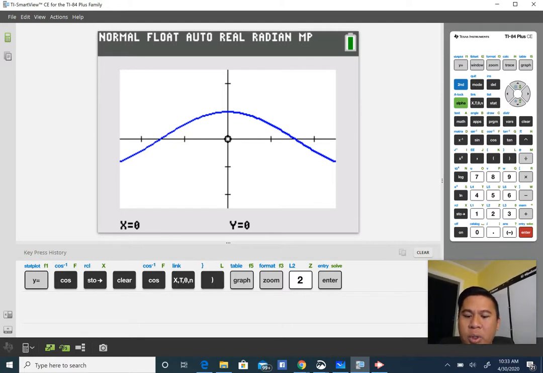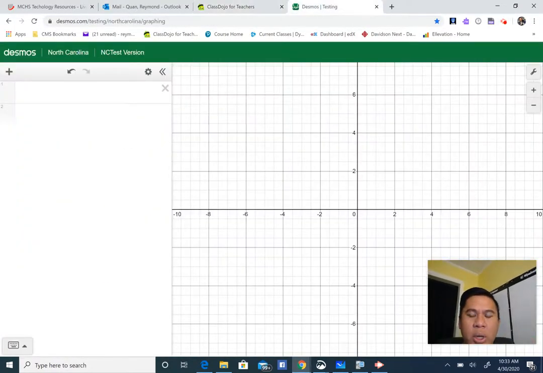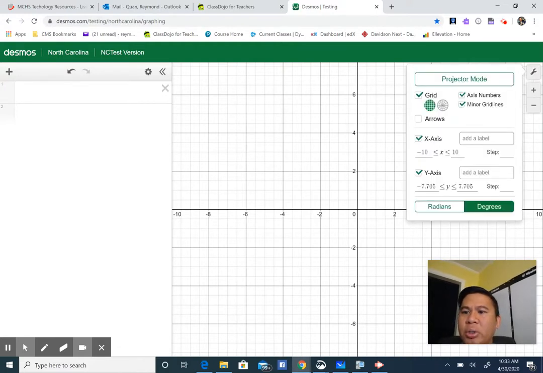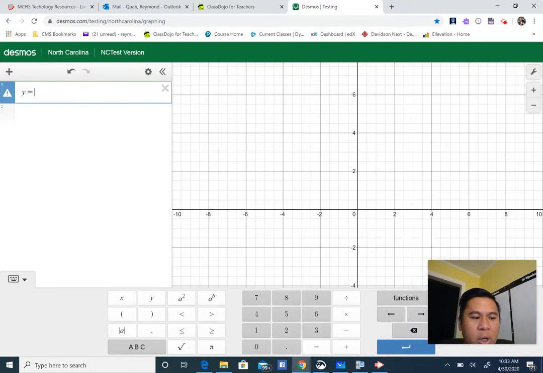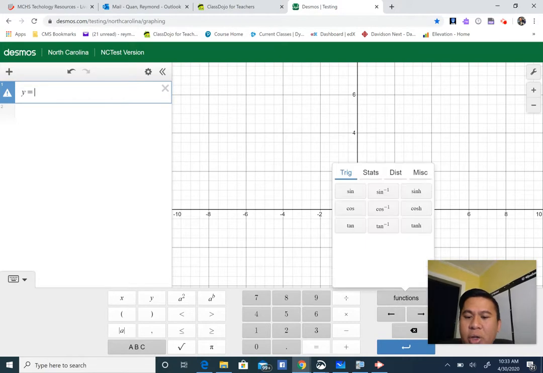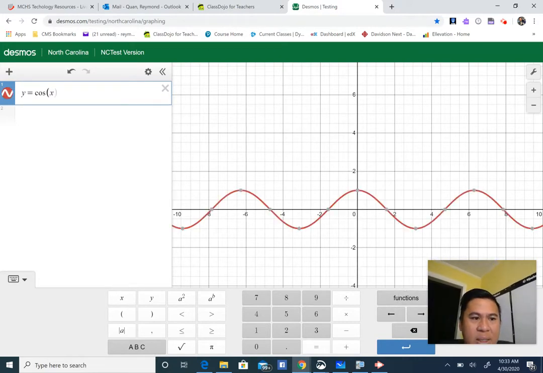Let's now use our Desmos calculator to graph this. So we are now on Desmos. To graph it, first of all, make sure that our settings are in radians. Then we're simply going to put in y equals, and to get our cosine function, we go to our keyboard app, and under functions we go to cosine and put an x inside.